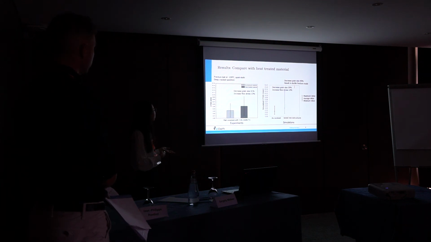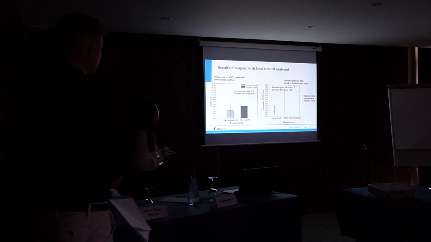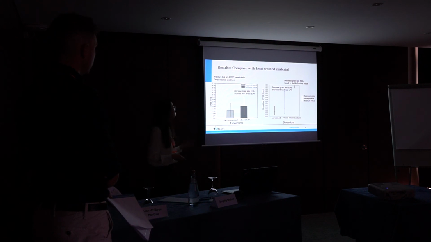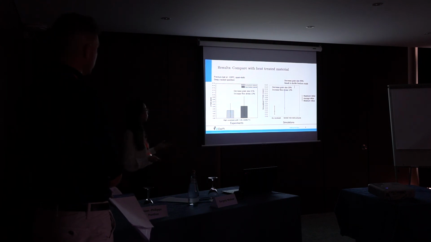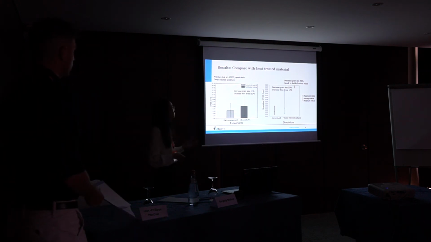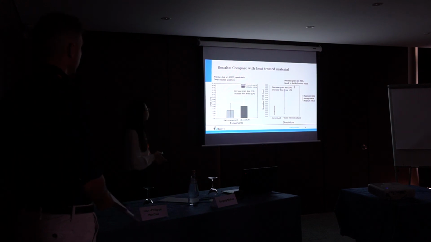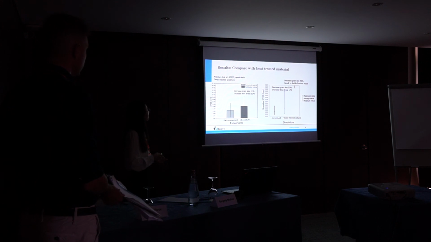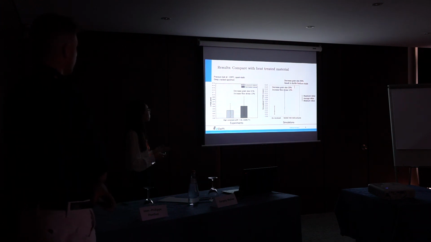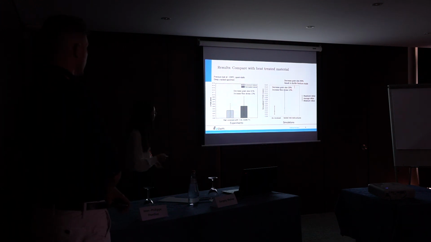It's still in a very brittle fracture mode. It means the grain refinement is not as effective as we simulated. By comparing the experiments and simulation, we found the experiments are closer to a grain refinement of 20% instead of 40%.